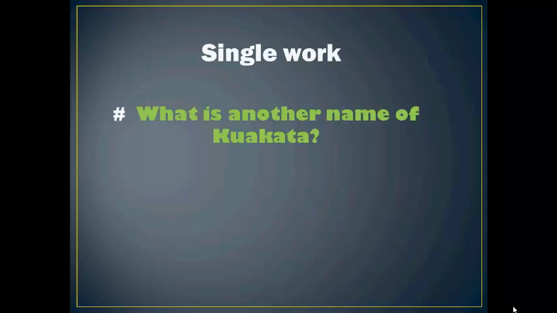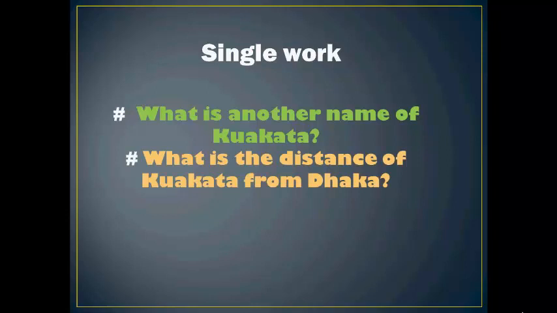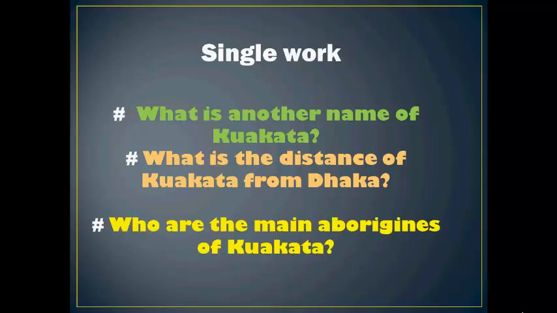You have to complete after reading your text. What is another name of Kuakata? Please write down the answer in your notebook. What is the distance of Kuakata from Dhaka? Please note down the answer in your notebook. Who are the main aborigines of Kuakata? Please note down the answer in your notebook.